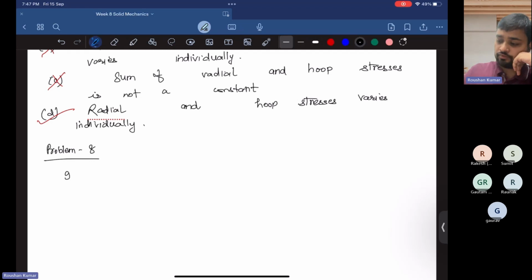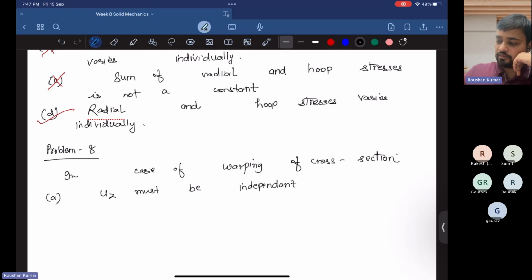In case of warping of cross section, the first option is uz must be independent of r, that means the radial coordinate.